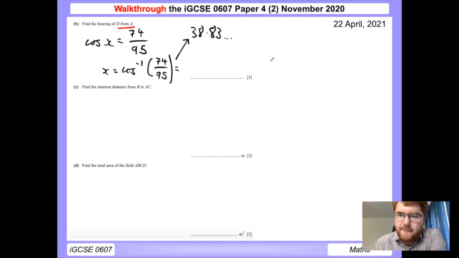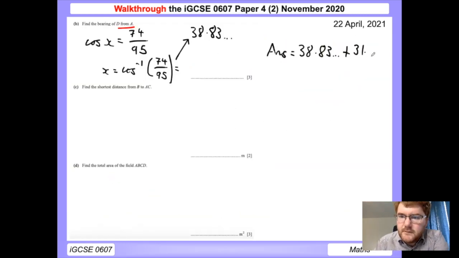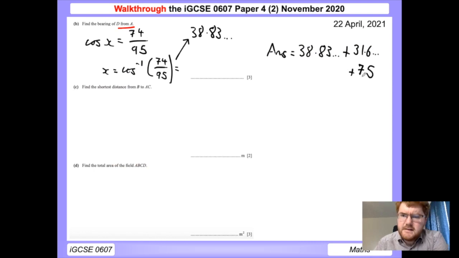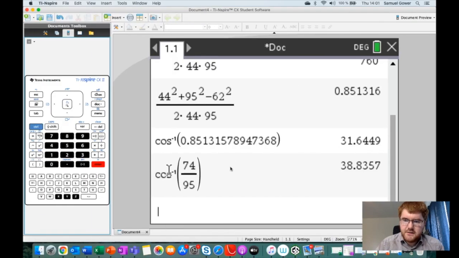And so to work out our final answer, we add together 38.83, dot, dot, dot, plus that previous answer of 31.6, dot, dot, dot, plus 75. Now notice in the calculator, I'm actually going to use the unrounded values.